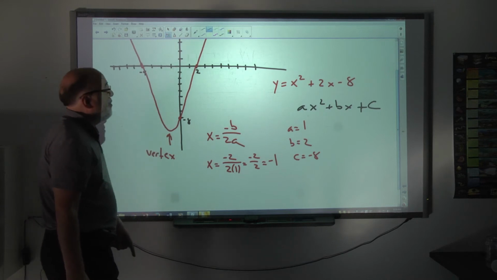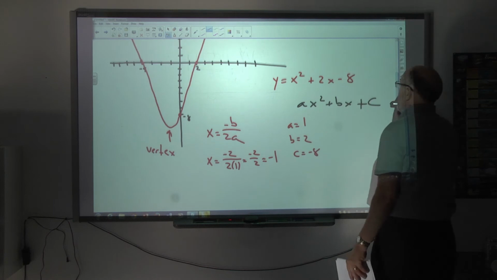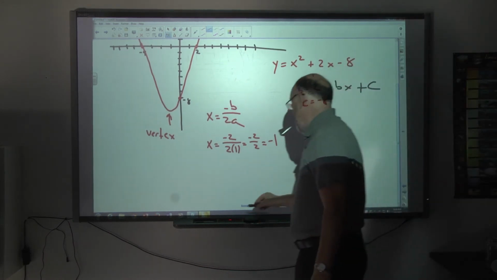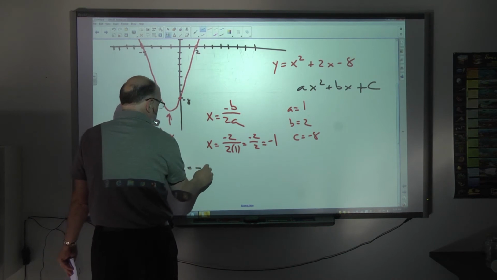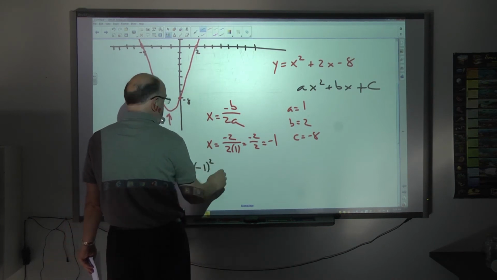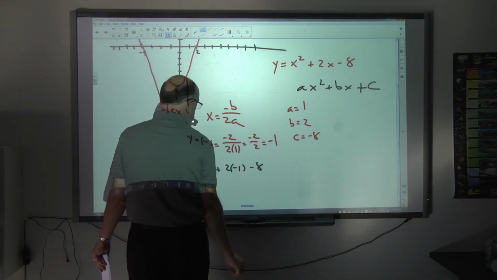And then we can also find the y-coordinate. Well, we know that x is -1, and so the y-coordinate is going to be -1 squared plus 2 times -1 minus 8.